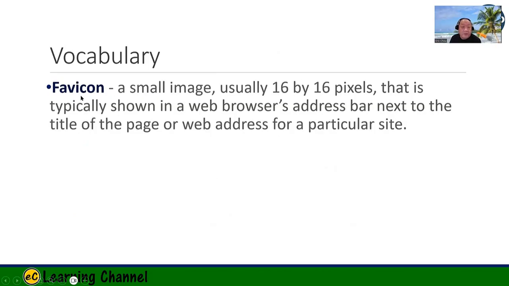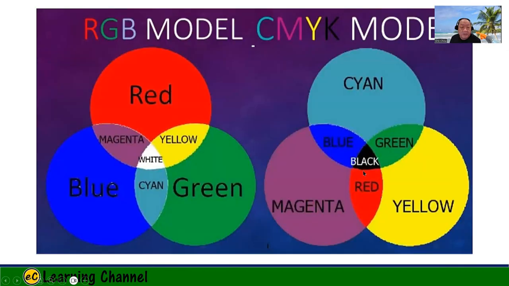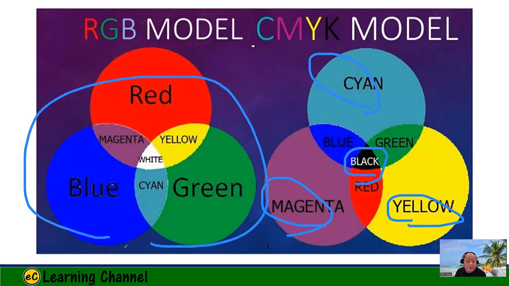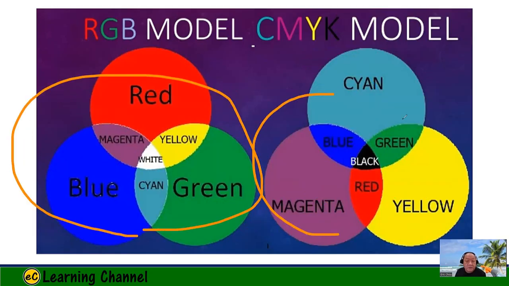And Okay. Favicon is the smallest size image, is a 16 by 16 pixel. We talked about it before. So there are two types of the color system, RGB system and CMYK system. CMYK is cyan, yellow, magenta, and black. So what system what computer use RGB? You know who use RGB and who use CMYK?